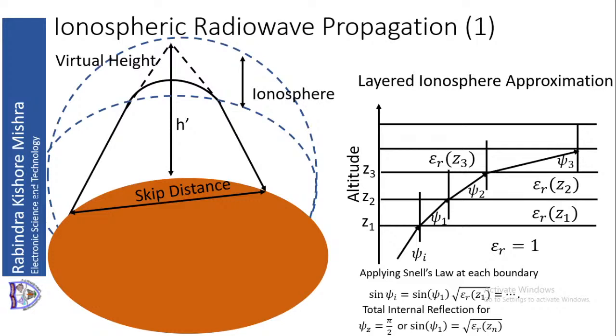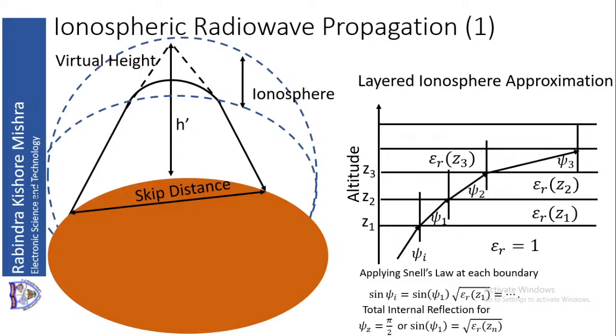When it becomes pi by 2, then you have total internal reflection. So for psi n in the nth layer, suppose this occurs, psi n is equal to pi by 2. For that we will have sin psi i is equal to root over epsilon r zn. That is where the total reflection occurs. From that point it will come down, coming back to the earth.